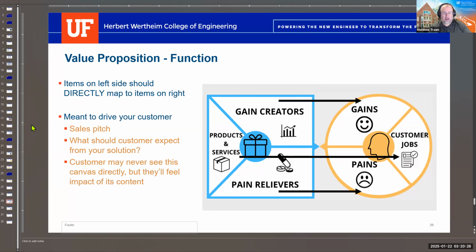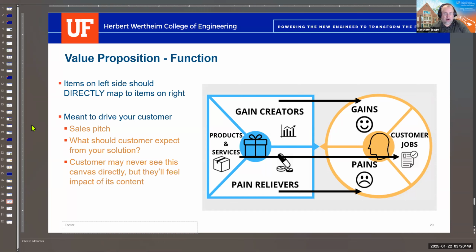It's meant to very clearly communicate, and to put in your own mind, what the customer should expect from your solution. And then ultimately, even though the customer probably will never see your canvas directly, once you have some interactions with them, they should be able to articulate exactly what's on the canvas, right?